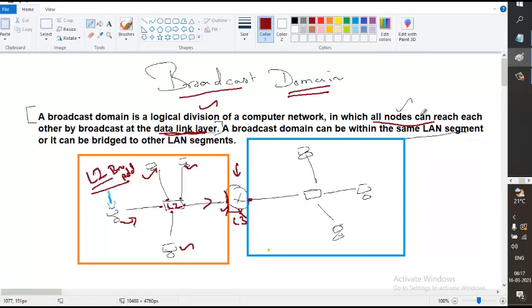If someone wants to reach all networks, if someone wants to reach this network, then it needs to be a layer 3 broadcast. This is a layer 2 broadcast. This is what we call a broadcast domain. This is one group, this is another group.